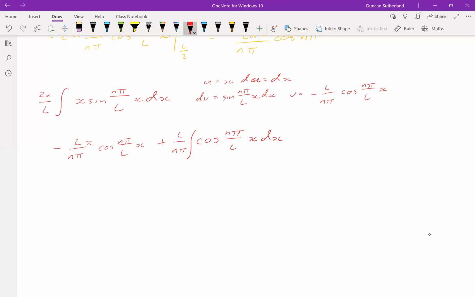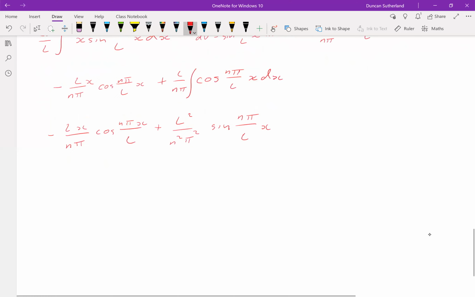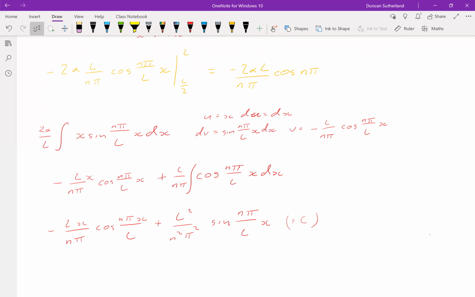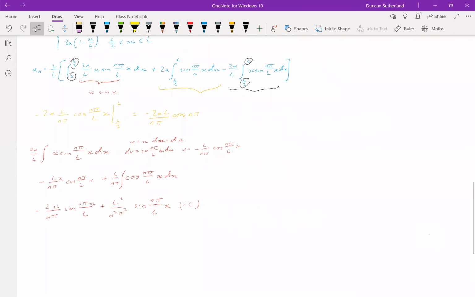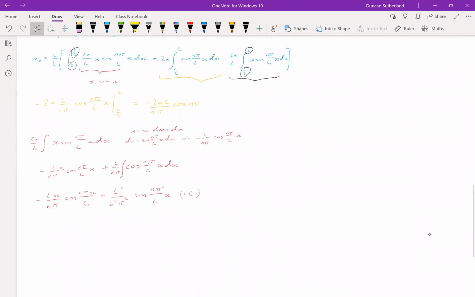All right, integrate this one, like so. Even though I'm doing the indefinite integral and I've got a plus c here, I'm just going to take that as 0, because I know I'm going to be subbing in limits. For my first integral, I'm going to plug in the limits 0 and L on 2.